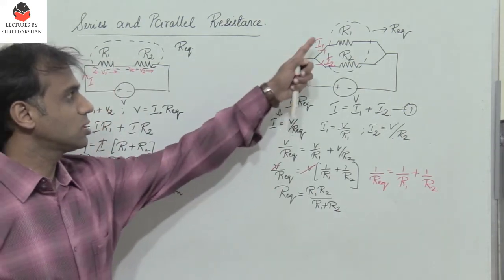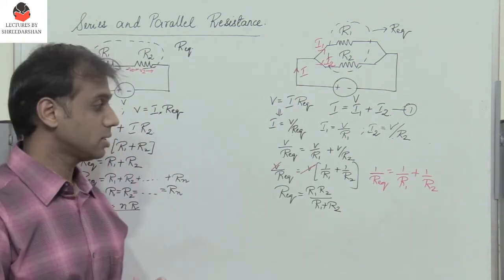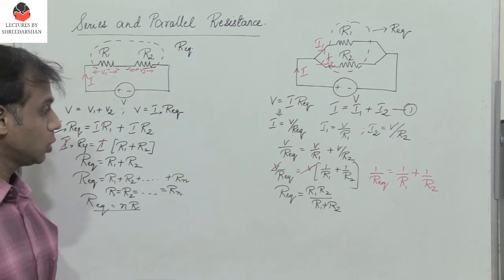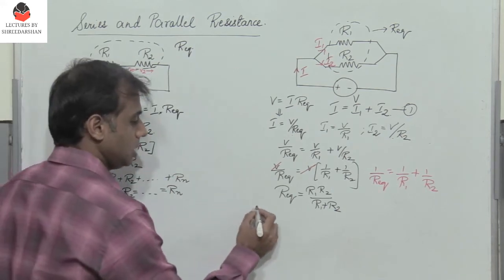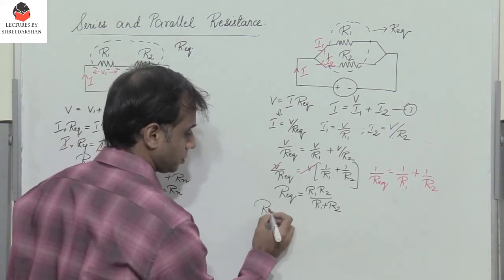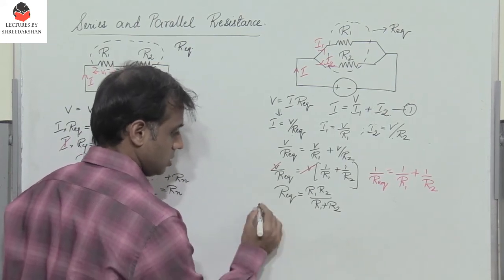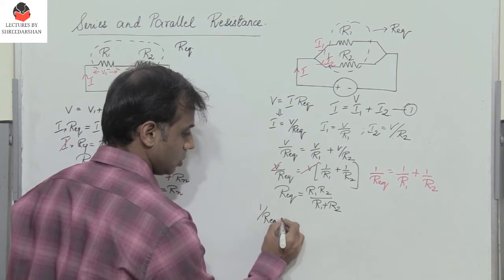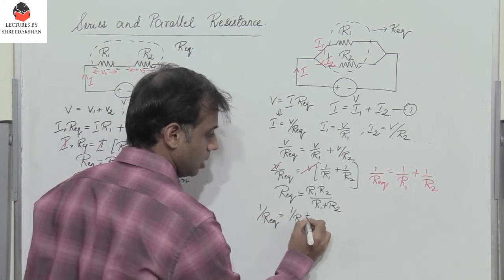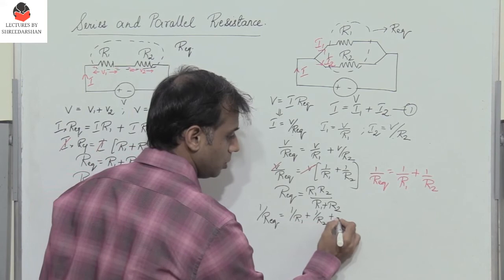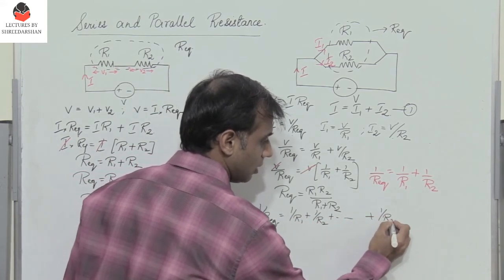So here I have two resistors connected in parallel. If I have n resistors connected in parallel, then 1 by R equivalent would be 1 by R1 plus 1 by R2 plus so on plus 1 by Rn.